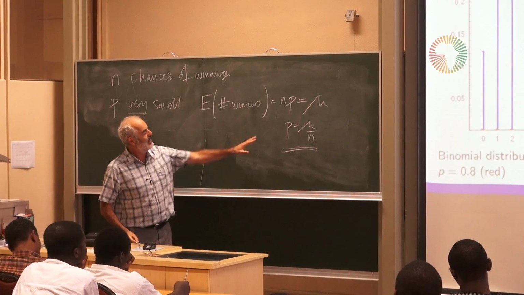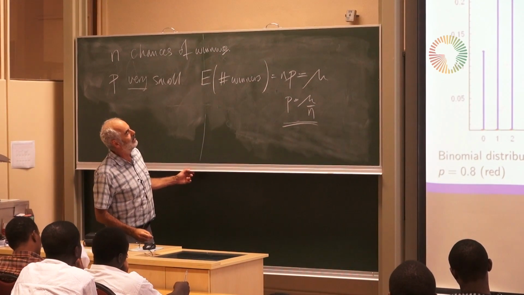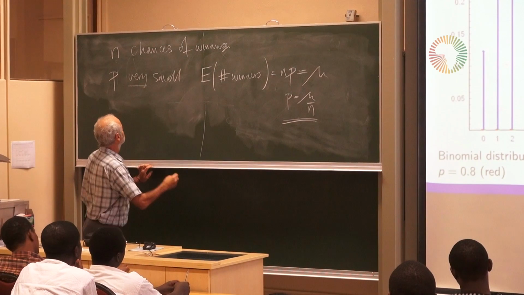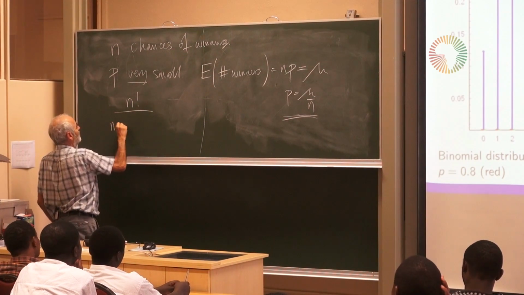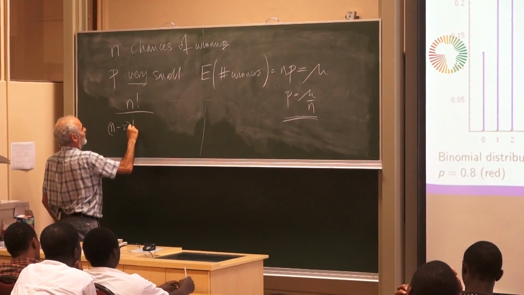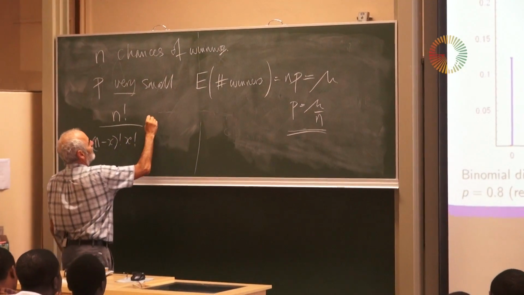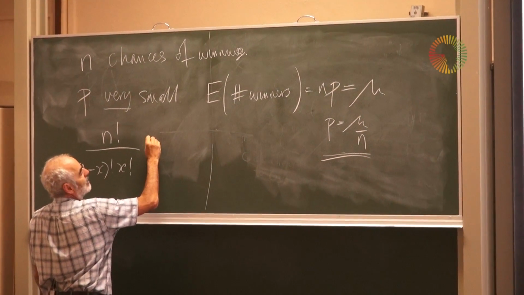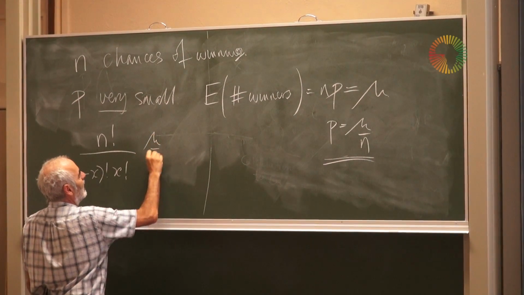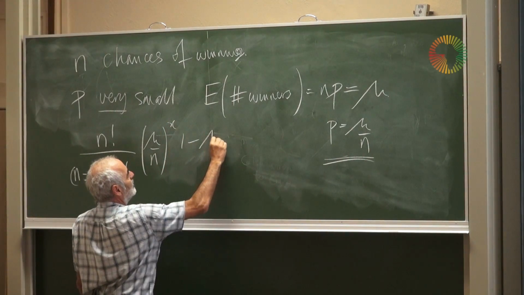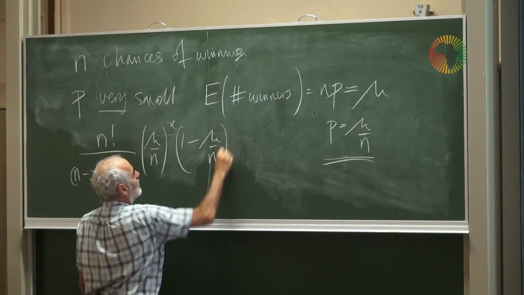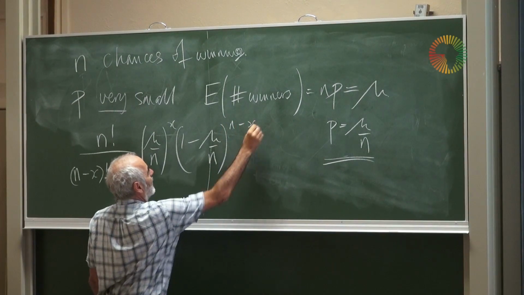And if we then substitute that into the binomial formula, remember the binomial formula says n factorial over n minus x factorial x factorial, and then it's P to the x, mu over n to the x, times 1 minus mu over n to the n minus x.